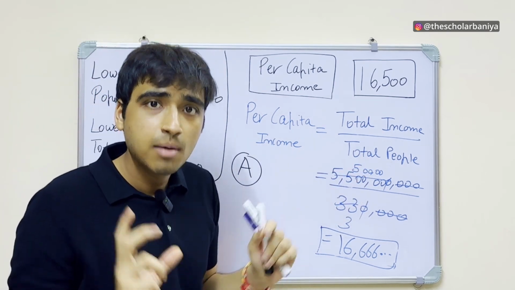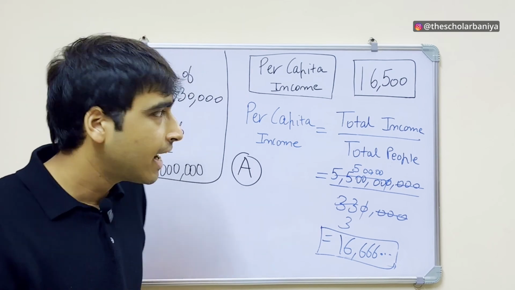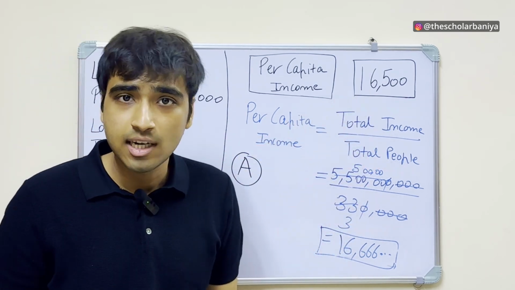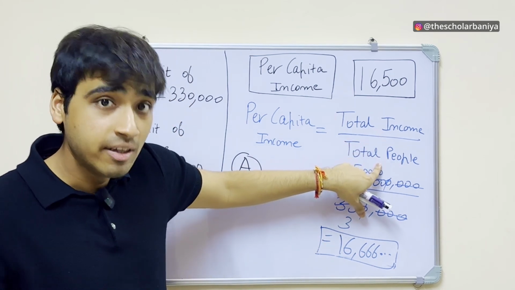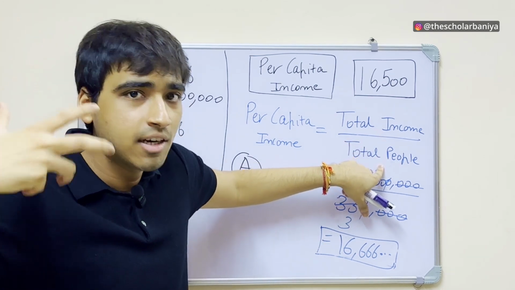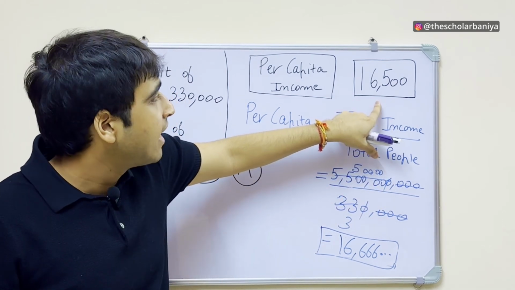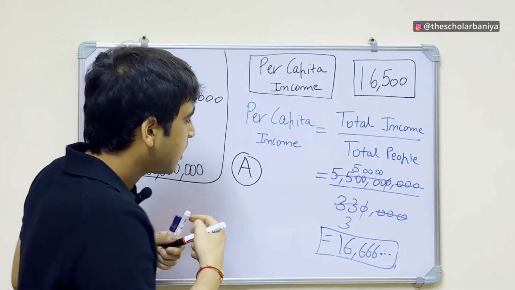If the denominator becomes very big, the entire value reduces a lot, and it can be even less than 16,500. So in that case, the answer will become B.